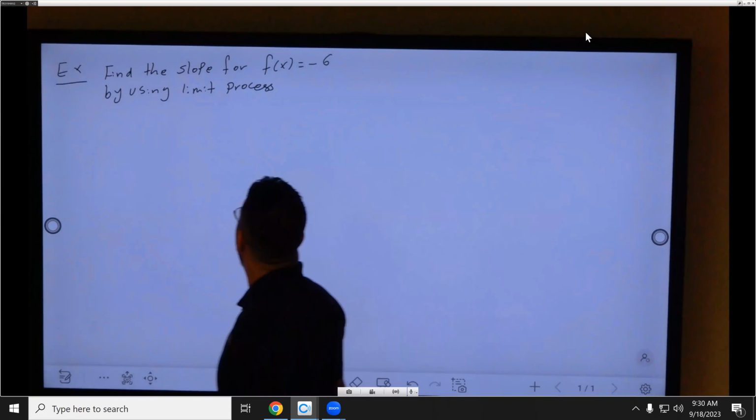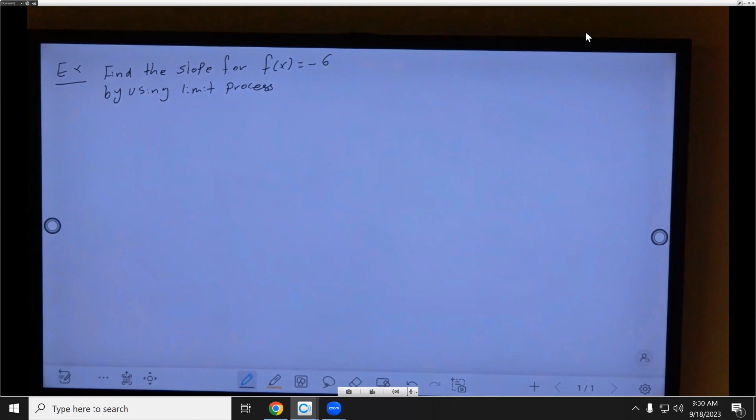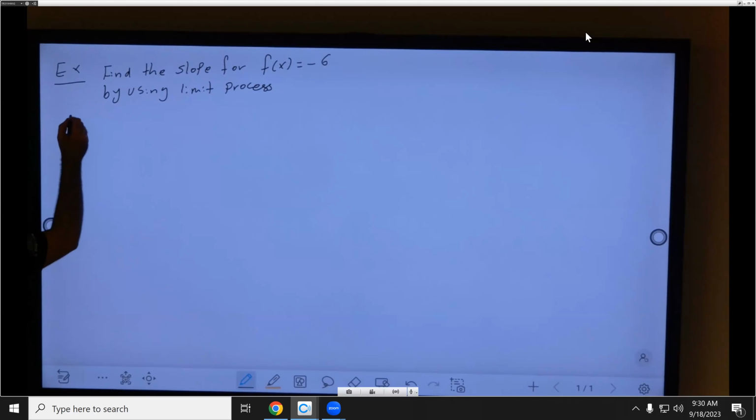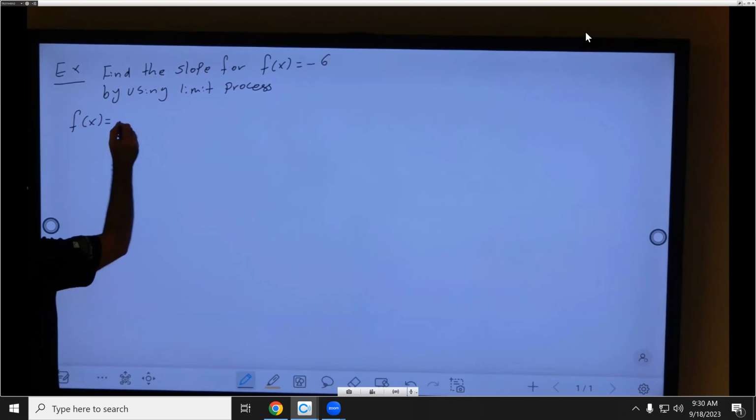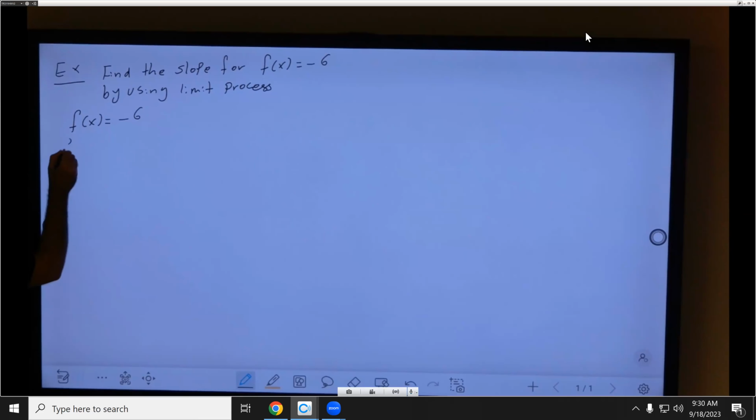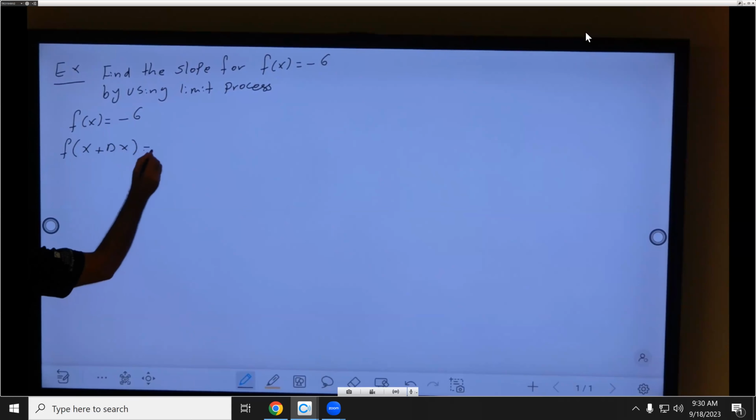Find the slope for f of x equal -6 by using the limit process. Okay, that means we're going to use the same rule here. Now I'm going to ask you, f of x equals what? -6. What about f of x plus delta x equals what? If you check the previous example, instead of each x, you plug in x plus delta x.